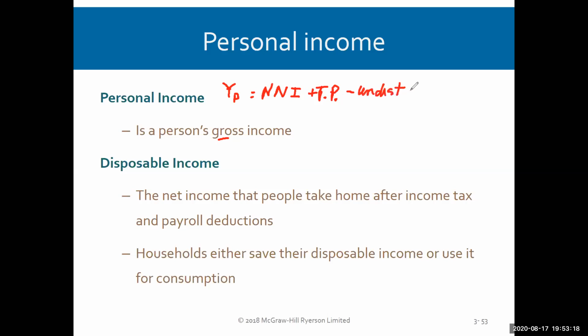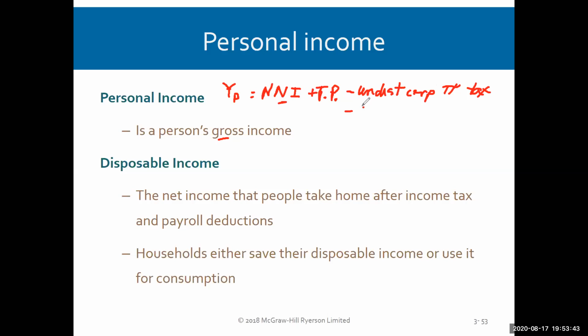Undistributed corporate profit tax. And that's taxes that the corporations keep. Now, it represents production because it's part of their economic effort, but it doesn't get distributed to people, so we have to subtract it. It's undistributed, so it comes off of this large net national income number.